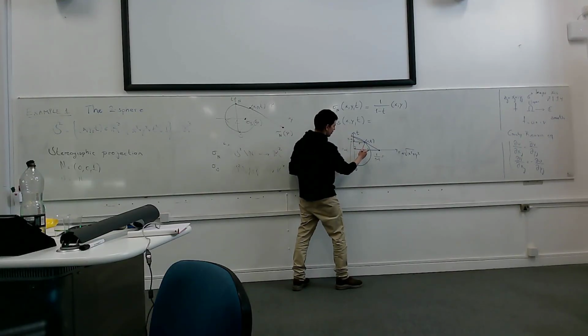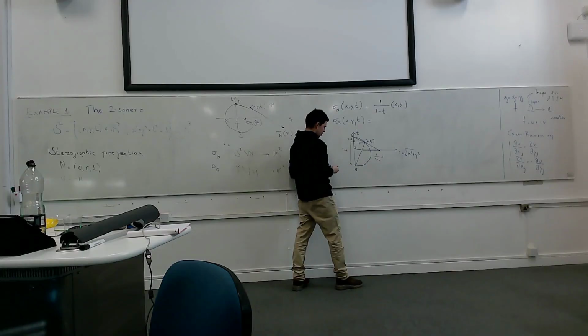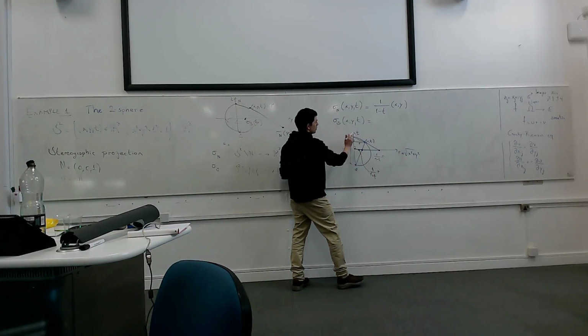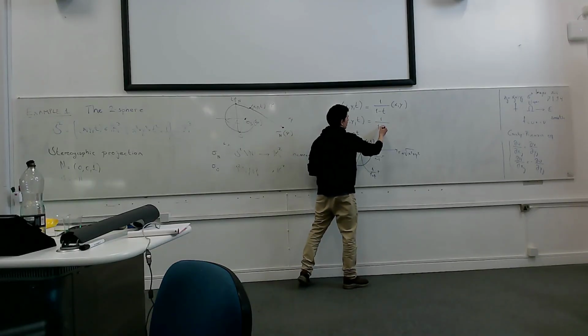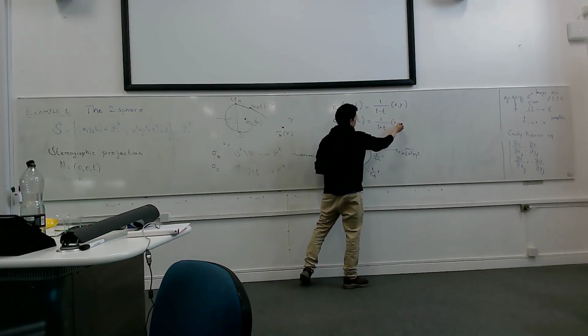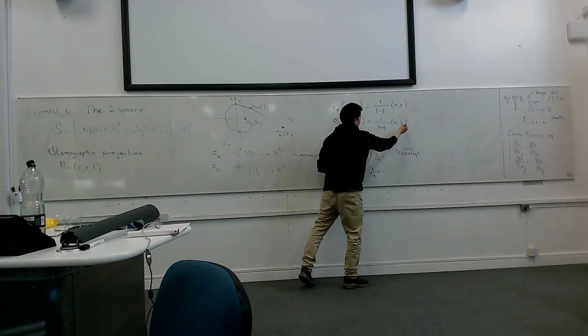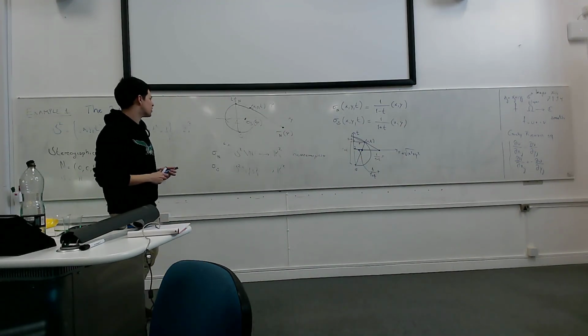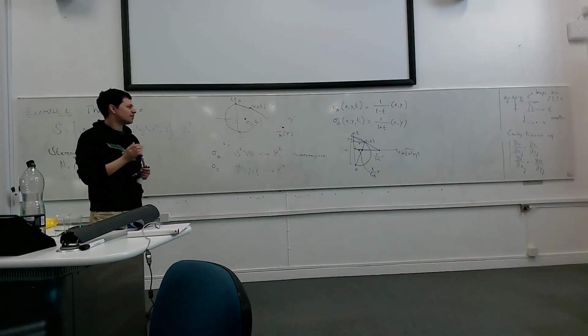So this point here is 1 over 1 plus t r. So 1 over 1 plus t x, y. So these are the formulas for stereographic projection.